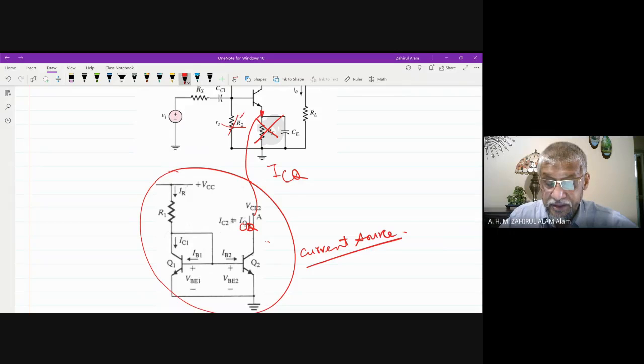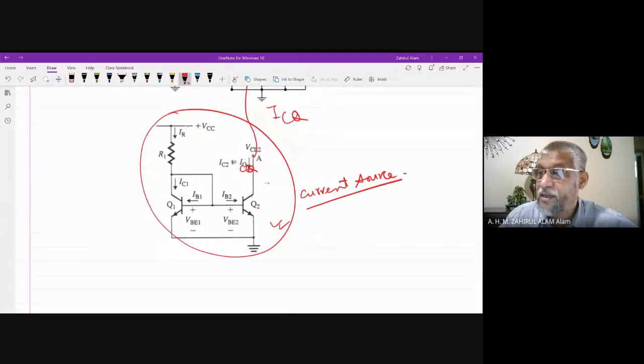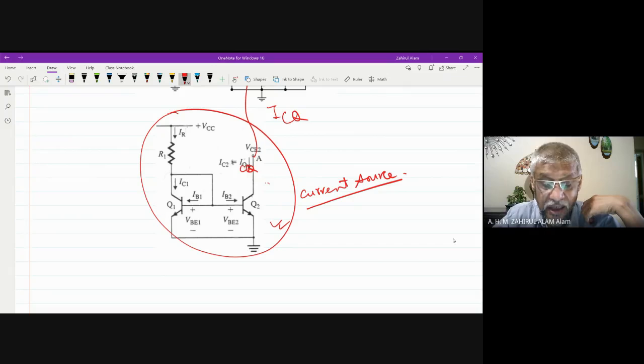Now we need to design this circuit. So when we need to design this circuit, then we need to study how to design this. Design means how to find the value of R1. If you consider ideal, now in our case, we consider both transistors are ideal. Ideal means beta 1 equal to beta 2 and identical transistors.